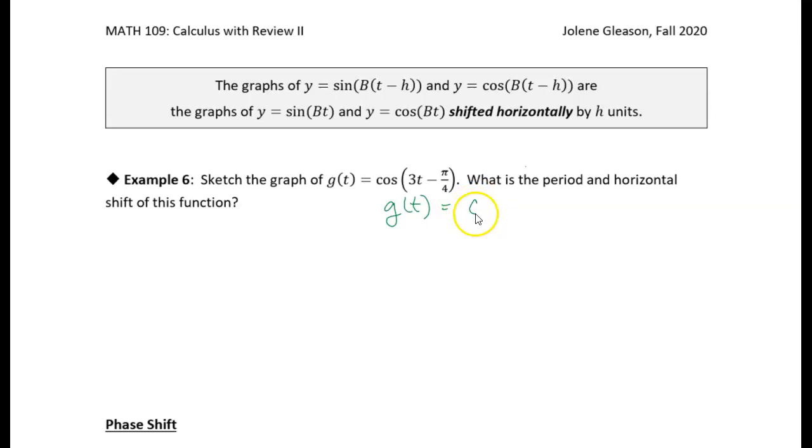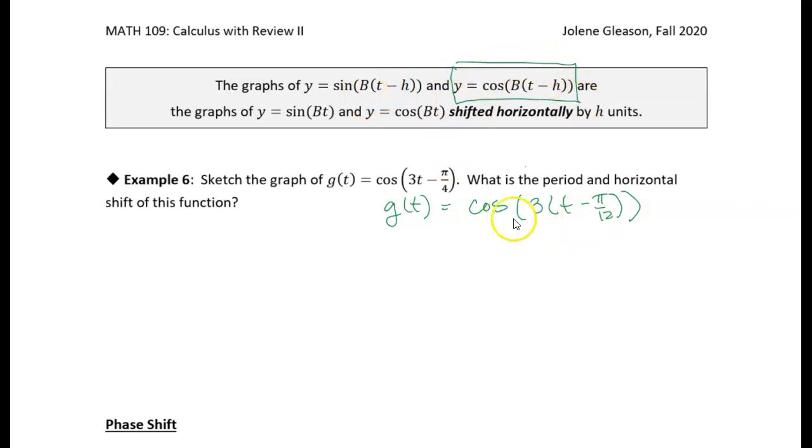So we get the cosine of, and again, I'm going to factor the 3 out. I'm just dividing everything in parentheses by 3. If I divide 3t by 3, I just get t. Divide minus pi over 4 by 3, I get pi over 12. So I'm factoring the 3 out so that I get something in this form for a cosine function.